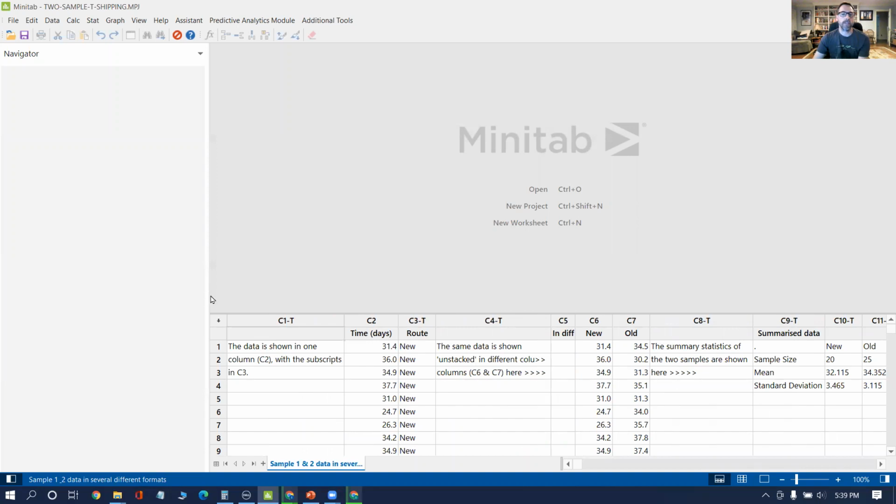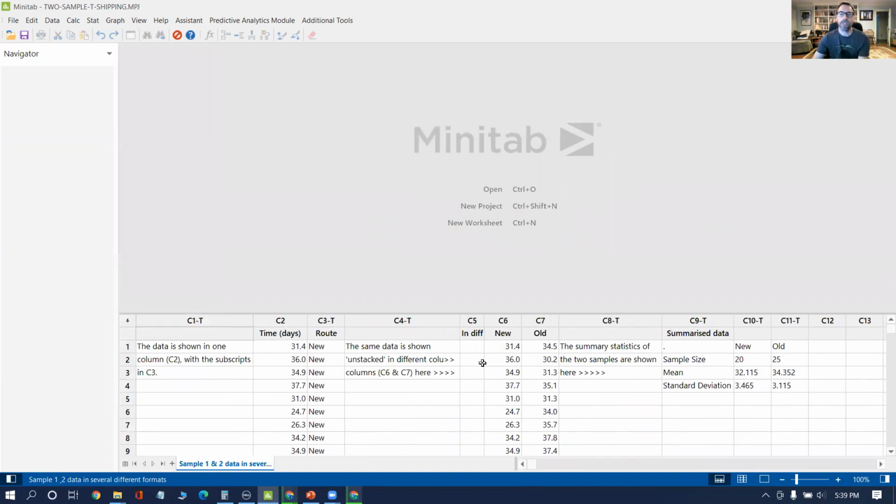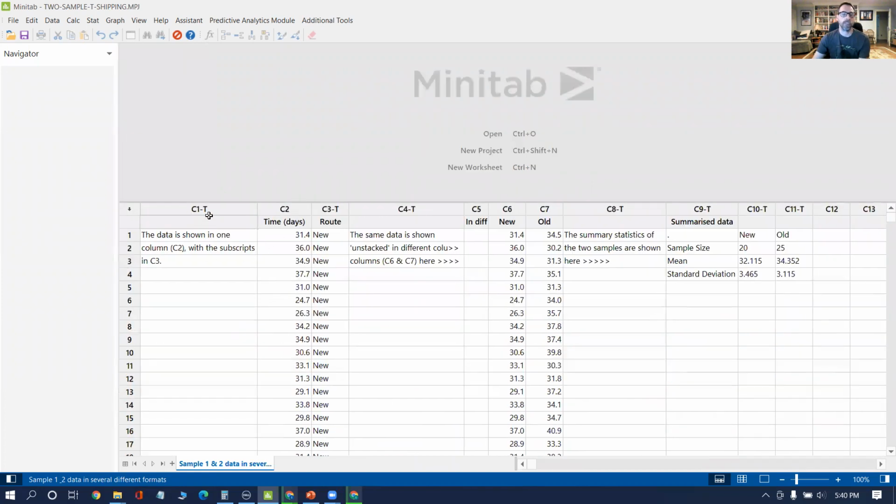So I've got data. OpEx has done a couple of things here. One, it's arranged the data essentially in one column. You can see right here in column C1, it tells you the data is shown in one column C2, with the subscripts in C3.